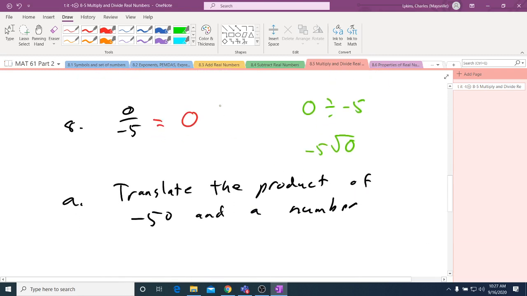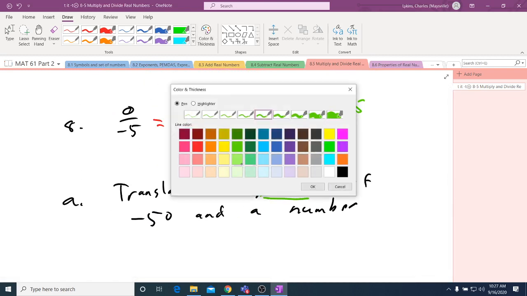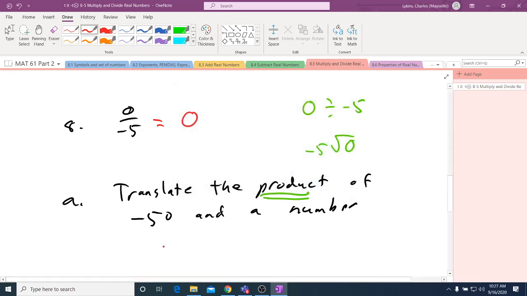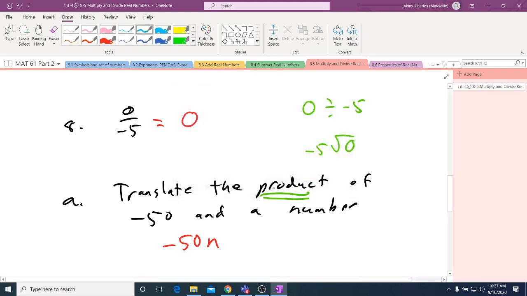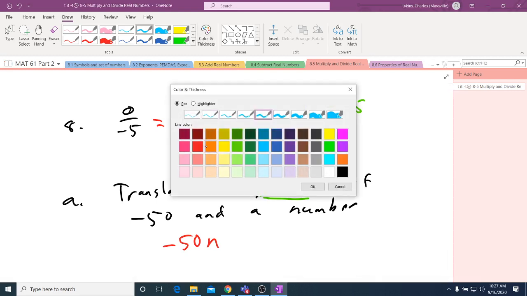Okay? Translate the product of negative 50 and a number. Well, the key is product. Product means multiplication. So that would be negative 50 and a number. I may just use a little lowercase n. Now, let's just say if I change this product and say quotient, quotient means dividing.